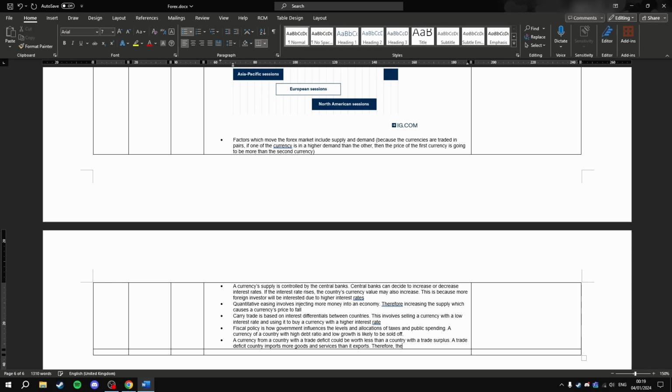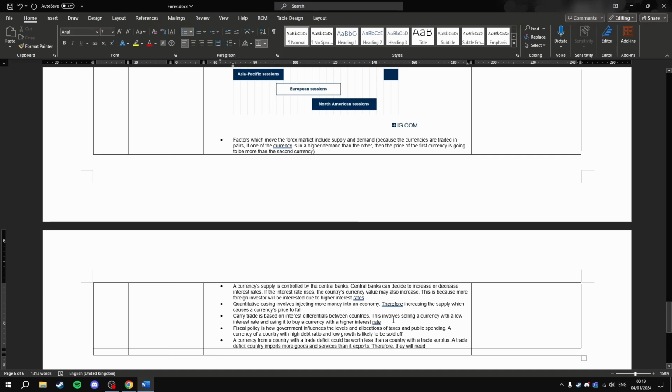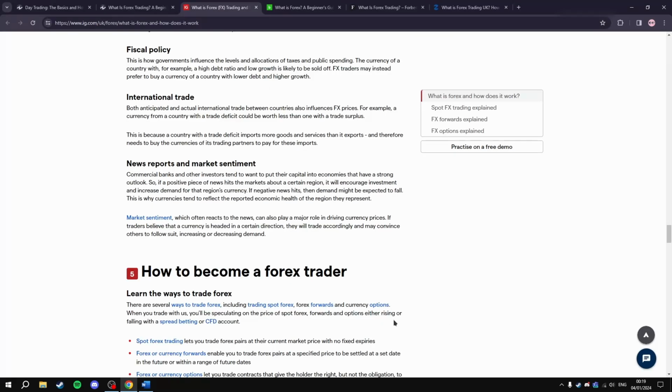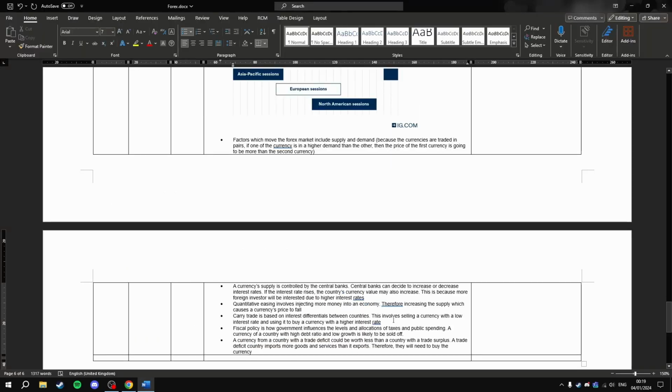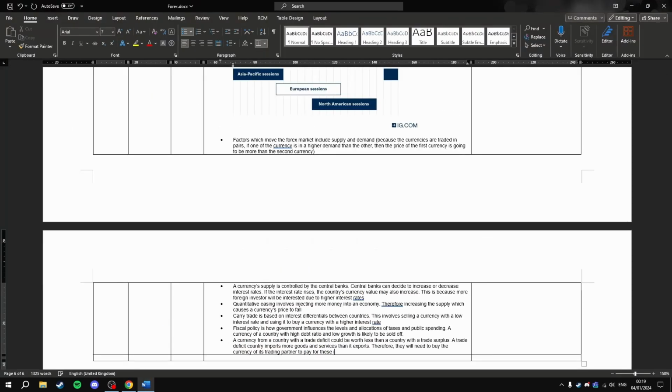Therefore, they will need to buy the currency of its trading partner to pay for these imports.